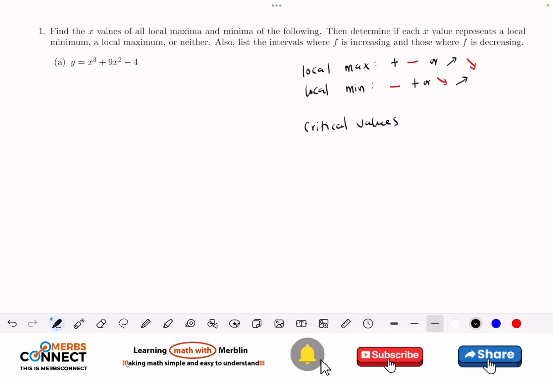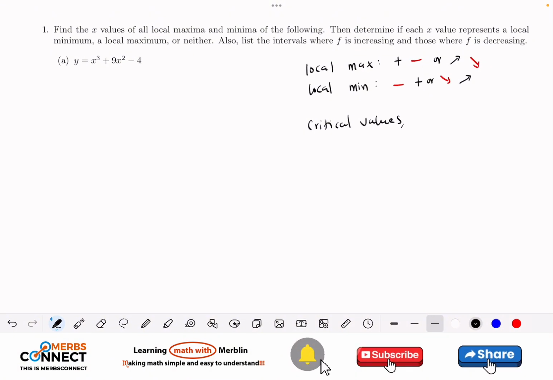Critical values are the values of x that make f prime equal to 0. Anytime f prime is equal to 0, this helps us to find the critical values. So let's talk about critical values.